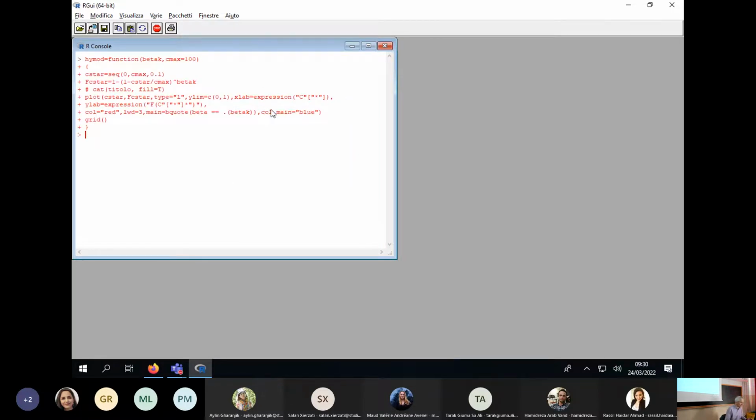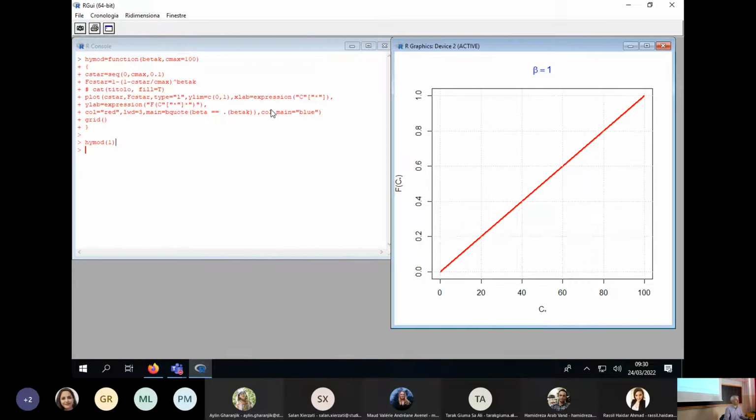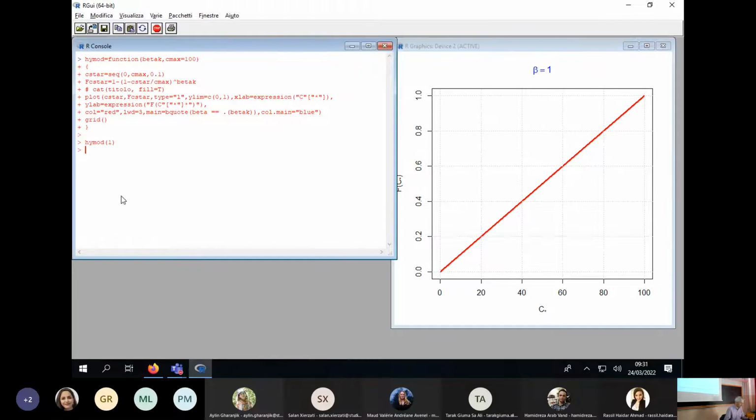This is the function. Then I can write IMOD 1, and this is the value of beta. And you see I get the graph that you see on my web page. Very good. Now I can type IMOD 0.5. See, I got the other one.